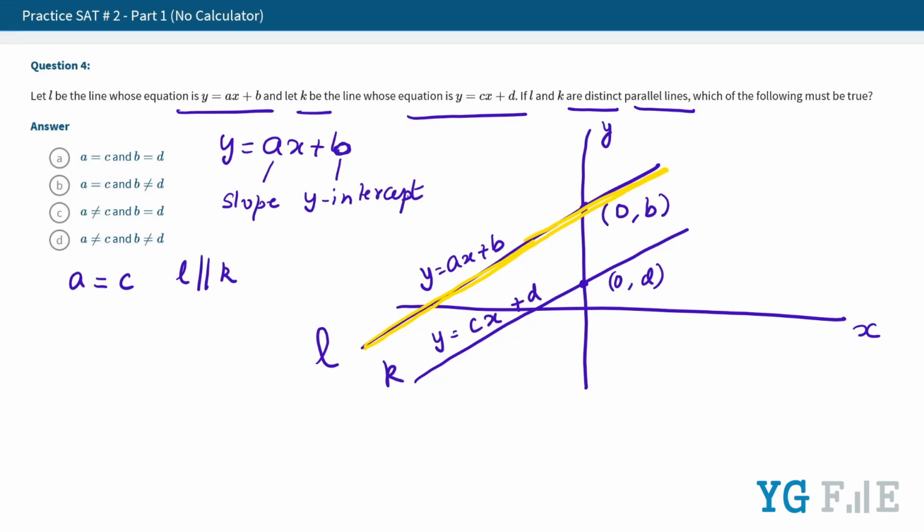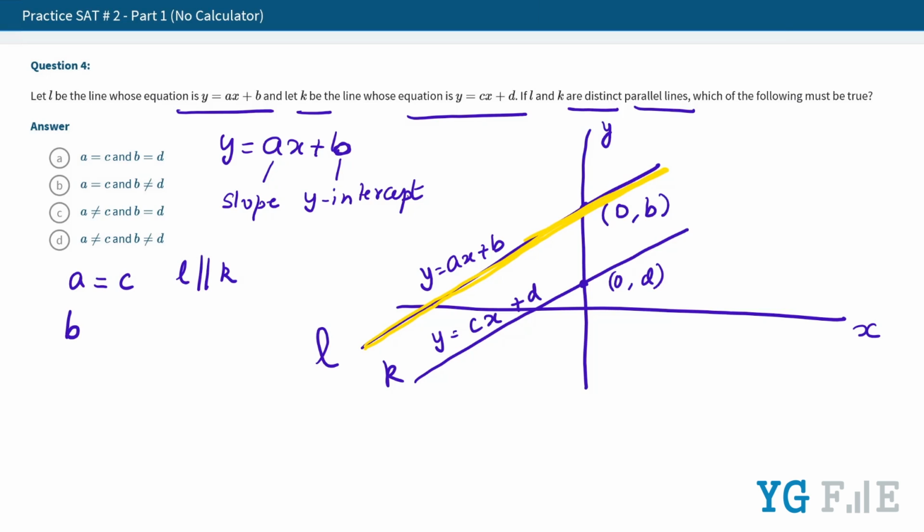So if we let the yellow line represent K, the intercept of K will become equal to that of L. But in the question, we are given that the lines are distinct. That means they are different.